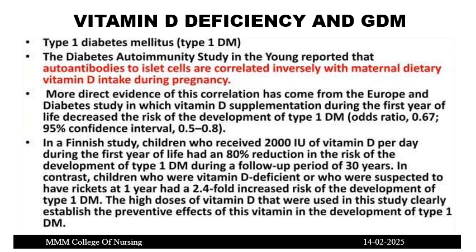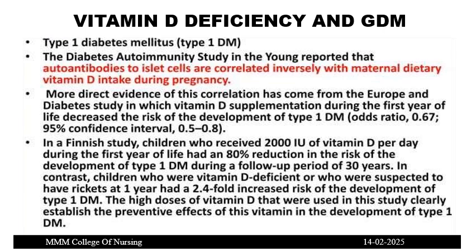Now we'll see how vitamin D deficiency causes GDM in pregnant women. The main thing we have to study is the diabetes autoimmunity study by Young, a scientist, who reported that antibodies to islet cells in the pancreas are correlated inversely with maternal dietary vitamin D intake during pregnancy.